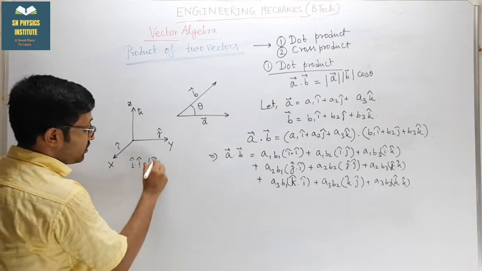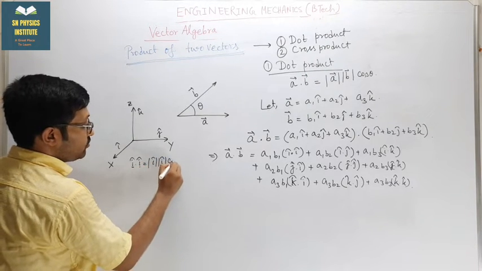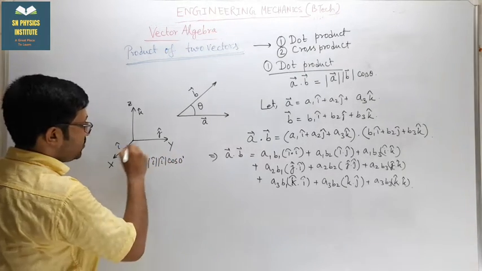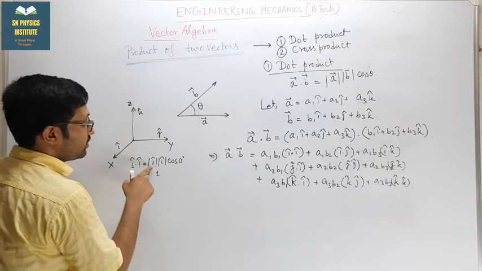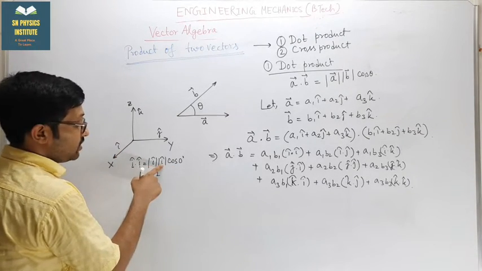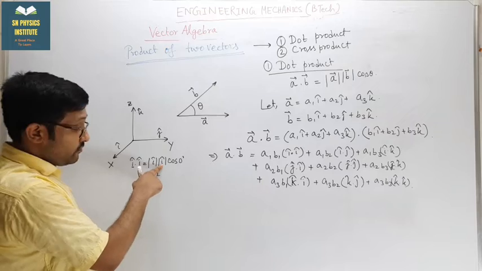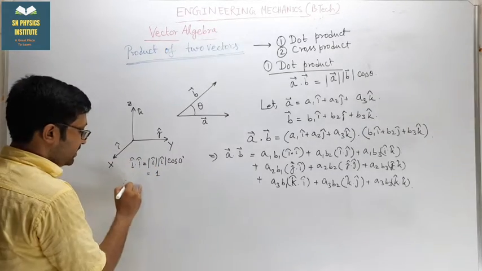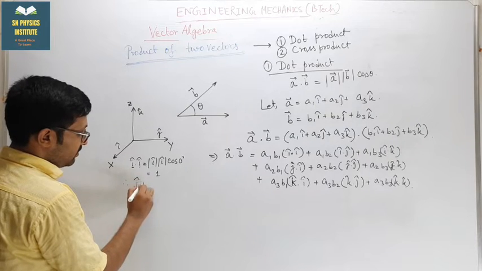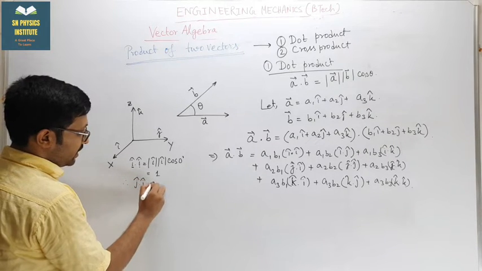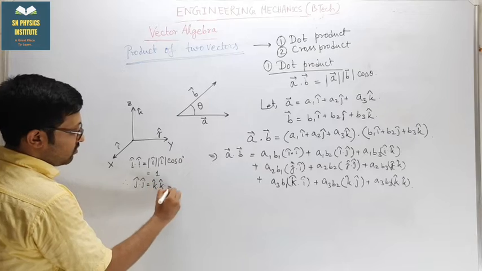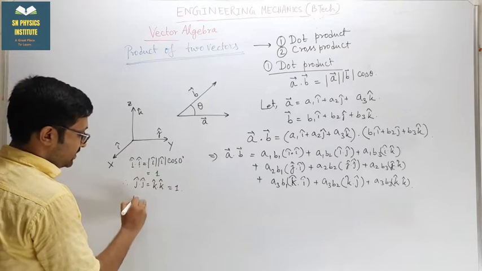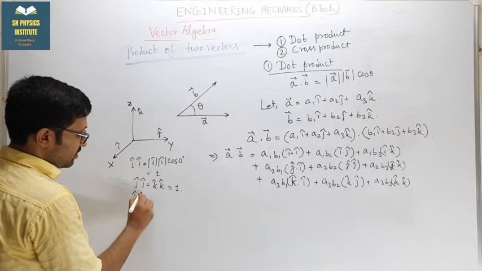That is magnitude of i into magnitude of i into cos 0 degree, because both are equal vectors. So you are getting one unit vector magnitude, one unit vector magnitude, and cos 0 is also 1. Similarly, j dot j is equal to k dot k is equal to 1.